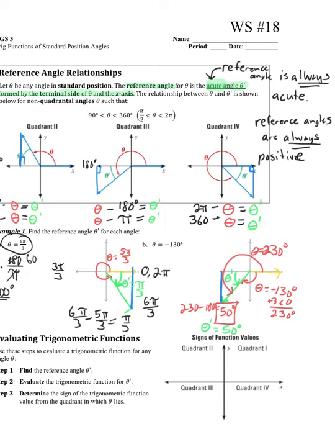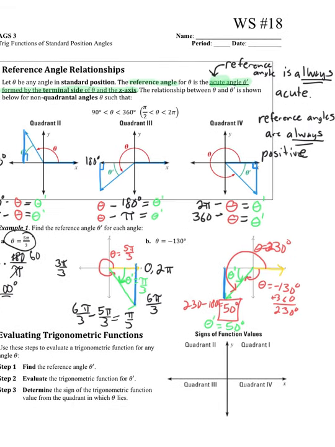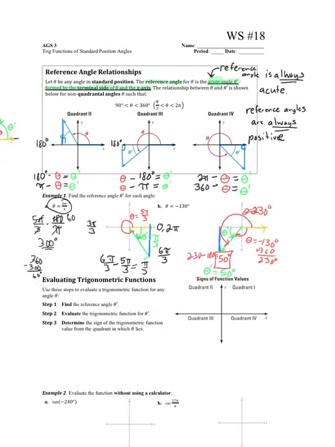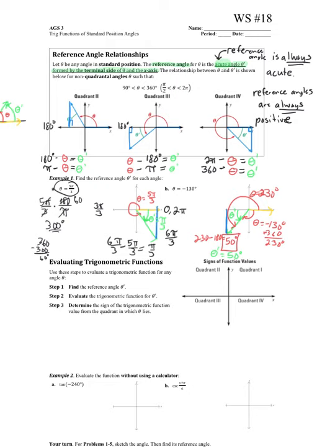Okay, those are the key things about reference angles: acute angles, positive. We should be able to find reference angles in both radian form and in degree form. And if I start a problem in radian form, like example A here, I want you to end it in radian form. So even if you convert it to degrees and you found, hey, that's a 60-degree reference angle, you still need to turn it back into radians and enter it as pi over 3 radians instead. That needs to happen every single time.